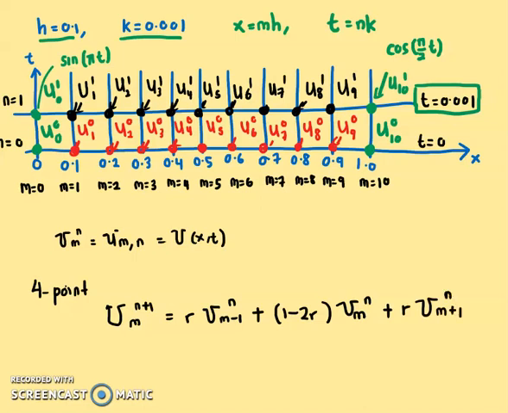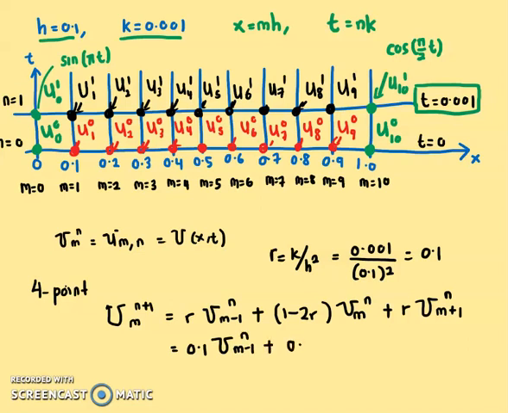Remember, what is my r? r equals k over h squared. If k is 0.001, divided by 0.1 squared, which is 0.1. So I put it in, I will have 0.1 u m minus 1 n, then 1 minus 2r, 1 minus 0.2, 0.8 u m n, plus 0.1 u m plus 1 n.